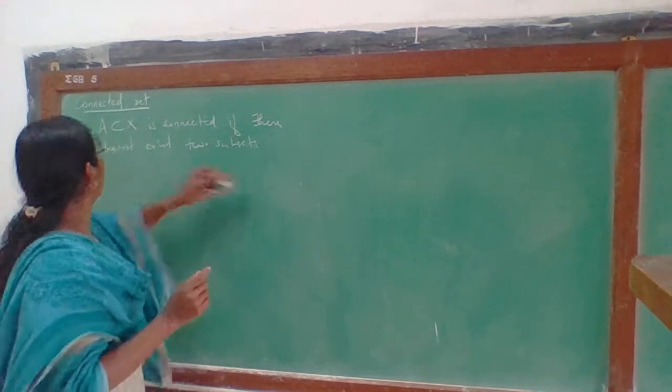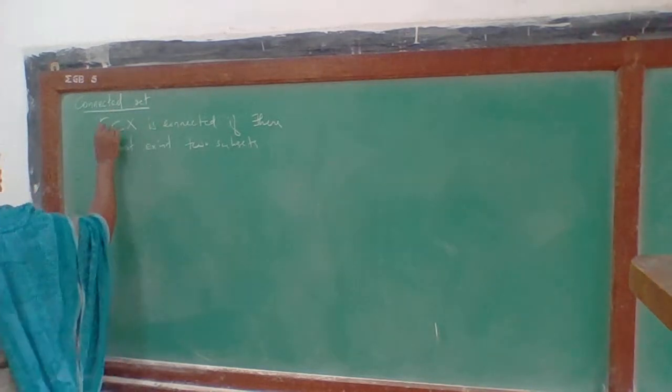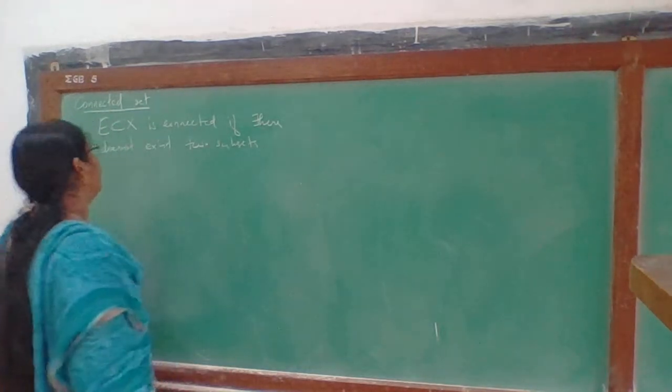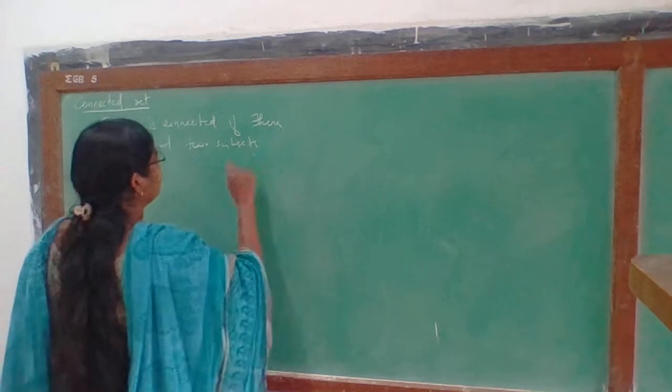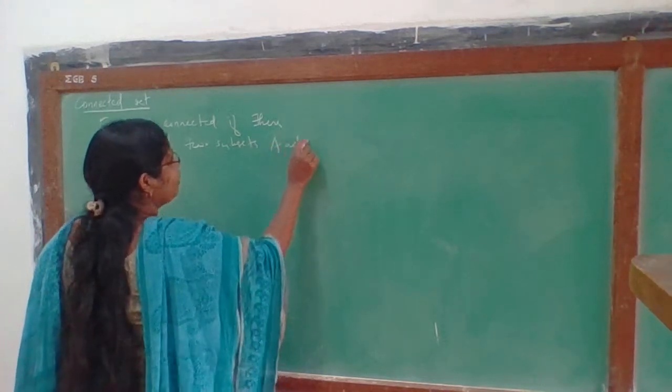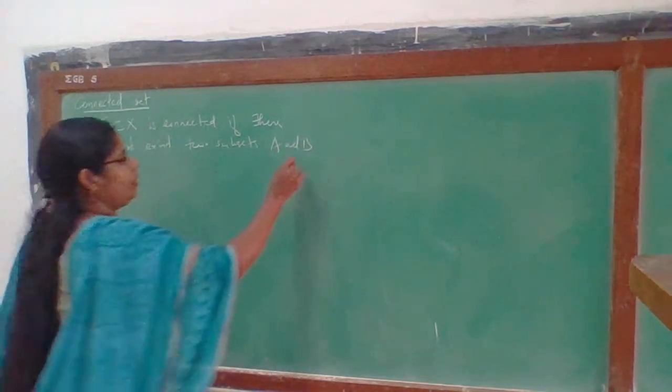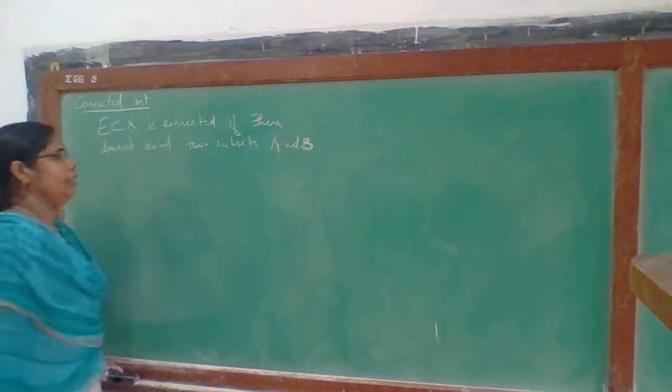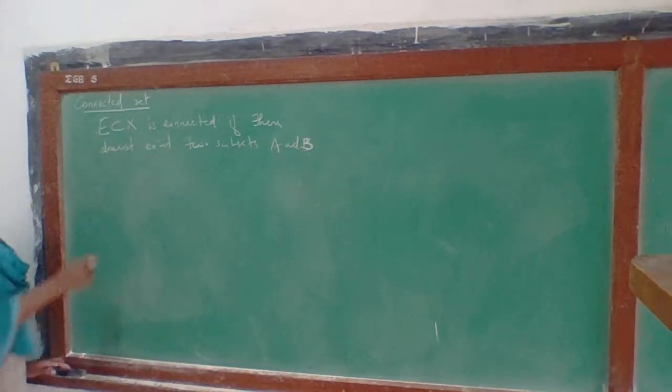For example, you can consider instead of A, E is said to be connected if there does not exist two subsets A and B. Just follow the notation used in the definition.